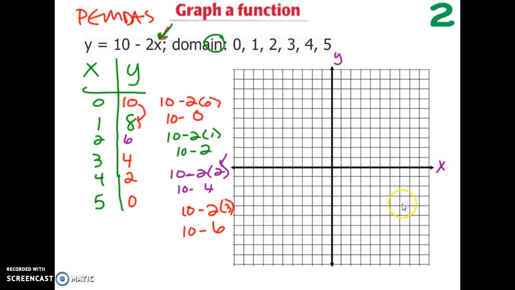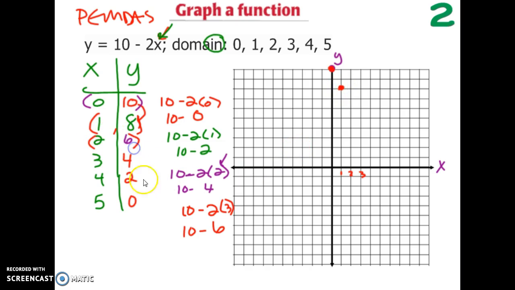So let's plot these. X, y. X is 0, y is 10. So x, we're not going left and right, we're going up at 10. That's right at the top. Then 1, 8. X is 1, so 1 to the right, and up 8.